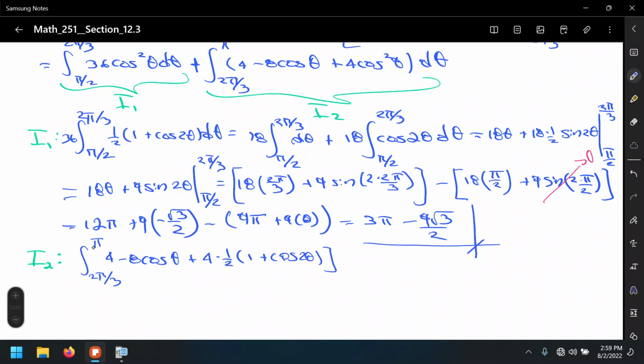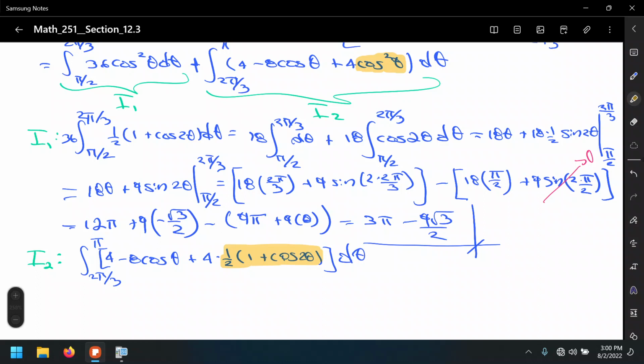Let me highlight what I just did. To avoid rewriting the whole thing again, I'm replacing the cosine squared theta that we got in the initial setup with its corresponding power reduction trigonometric identity.